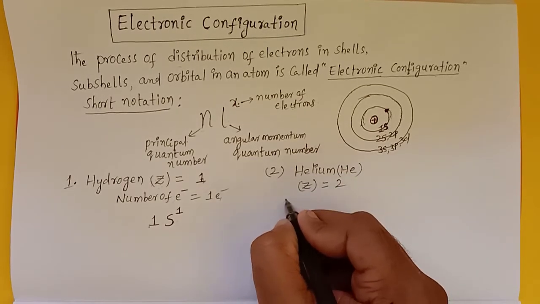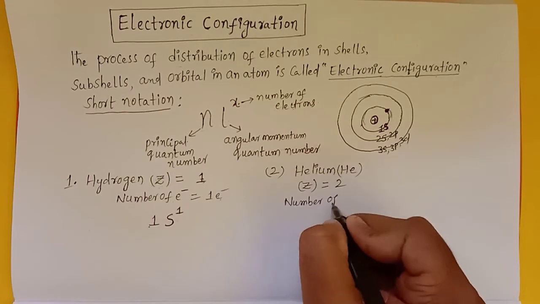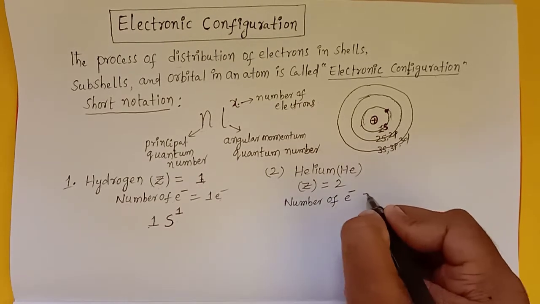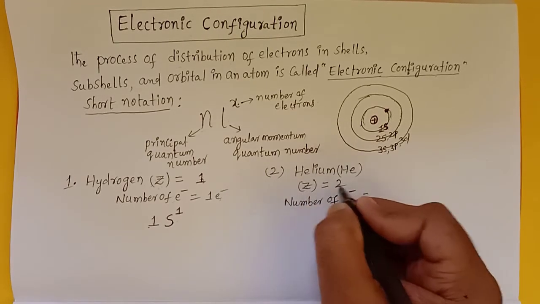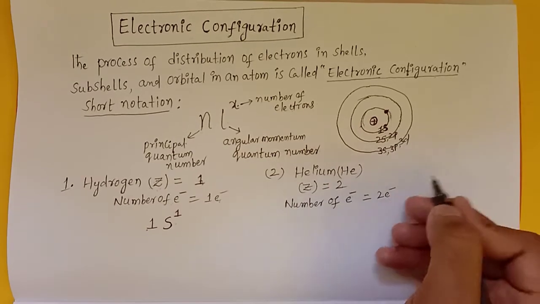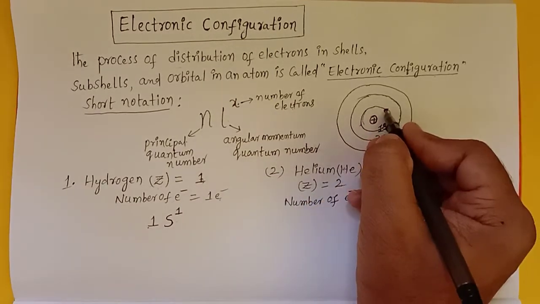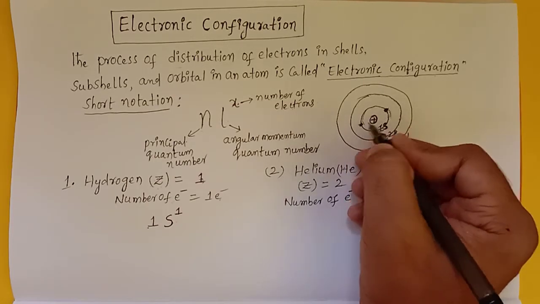So number of electrons, e minus means electrons. Atomic number 2 undi kabatti atomic number equal to number of electrons. So 2 undi kabatti ఎన్ని electrons ఉంటాయి? 2 electrons. Means helium kabatti, hydrogen 1 electron, inko electron manam fill cheyochu. How many electrons become 2 electrons.